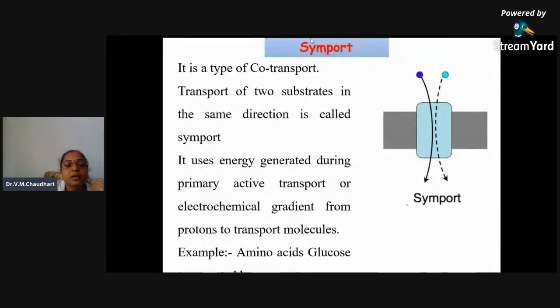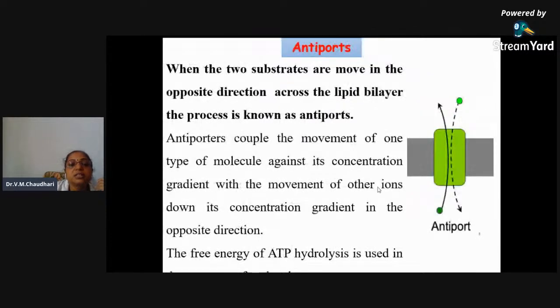So it is the type of co-transport mechanism, that is, the transport of two substrates in the same direction. That is the symport. And next is antiport. When two substrates are moved in the opposite direction across the lipid bilayer, the process is known as antiport.